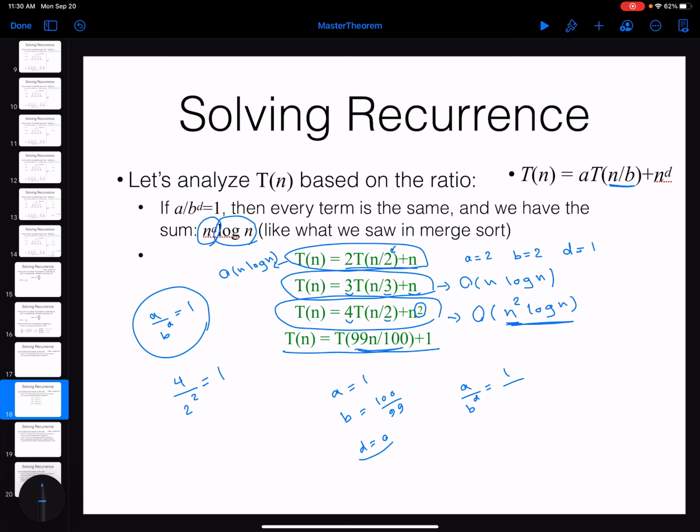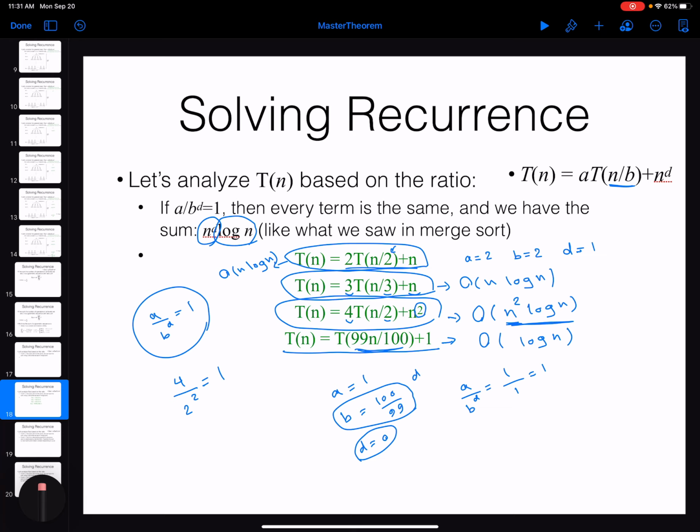Whatever, because the value of D is 0, B to the power of D will be 1. Okay, so the ratio will be equal to 1. What is going to be the final big O notation for this one? It is going to be log of N. Why? Because that term N to the power of D will be N to the power of 0. So this is going to be 1, and so you ignore it. So the time complexity of the last relation will be O of log of N.